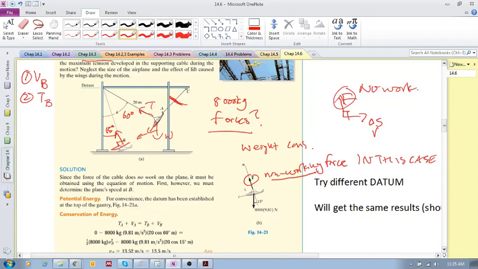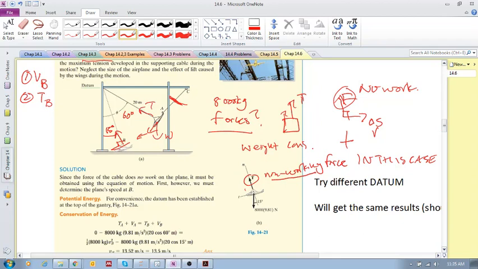I warned you, because some of you will just remember tension is a non-working force, and then in other problems where you've got tension moving something up, you say, oh, but tension is a non-working force. No. Only if that force is perpendicular is it non-working. Okay, I think you got the idea.